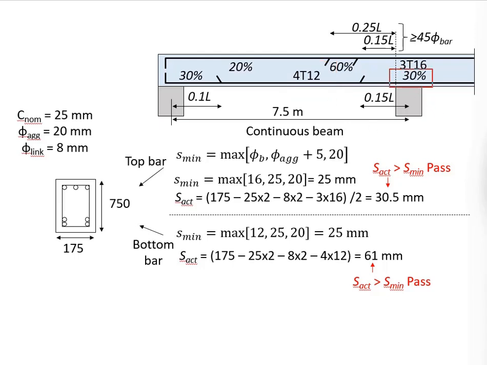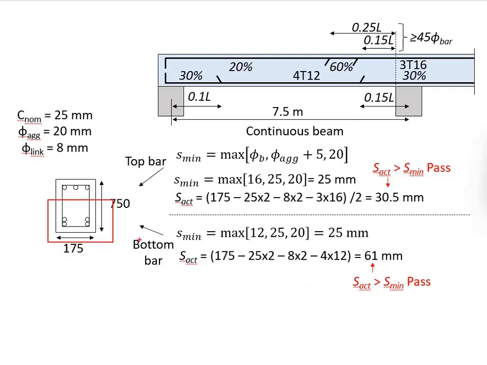You will do the same here, only the location of the curtailment now is equal to 0.15 times the effective length.